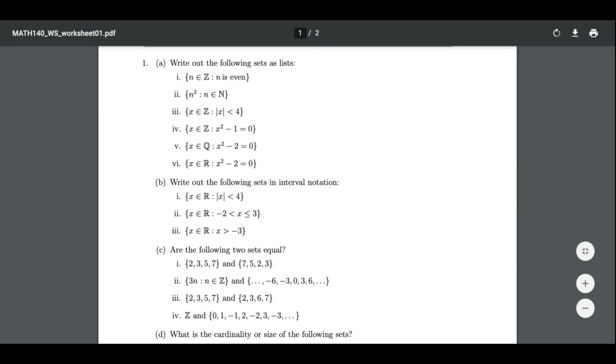Does it start from 0? Moises, natural numbers, which number do we start with? We start with 1. Natural numbers are counting numbers. If it's whole numbers, we start with 0.